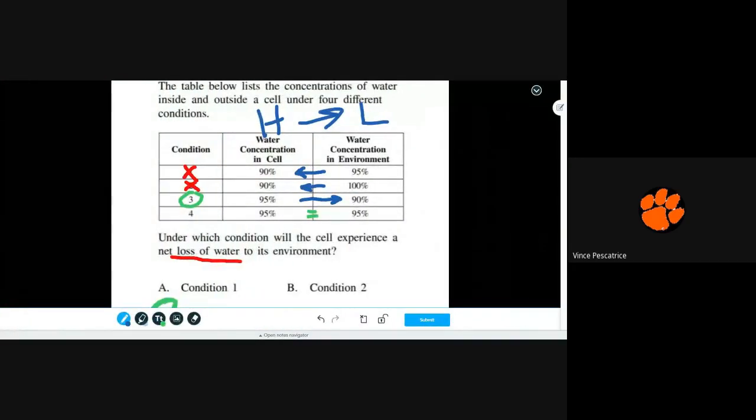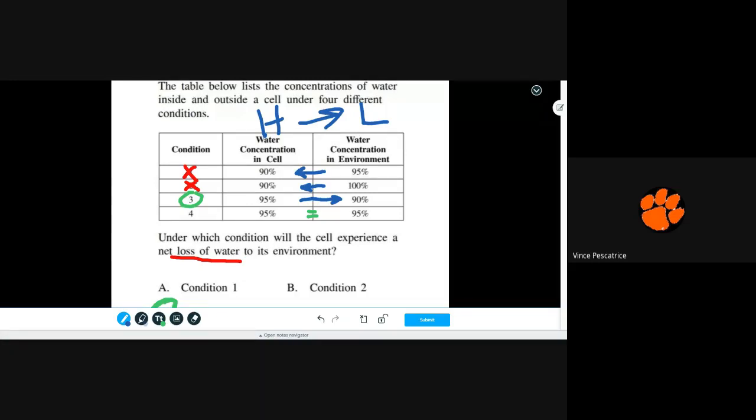And lastly, if you look at all of these concentrations, remember we talk about high to low concentration. It's asking you which one will experience the cell losing water. That means in which scenario will the water flow from the inside of the cell to the outside?